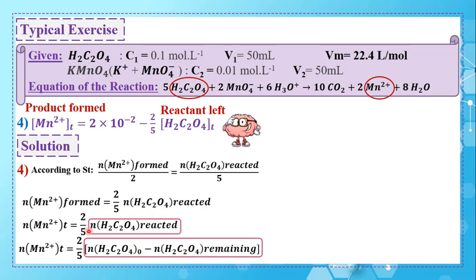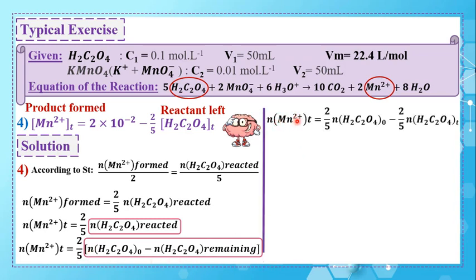So I replaced this by this. I will multiply 2 over 5 by these two. So I will get that the number of mole of Mn2 plus at the instant T equal 2 over 5, the initial number of mole of H2C2O4 minus 2 over 5, the number of mole of H2C2O4 remaining. Instead of remaining, I can put T since it is a reactant.